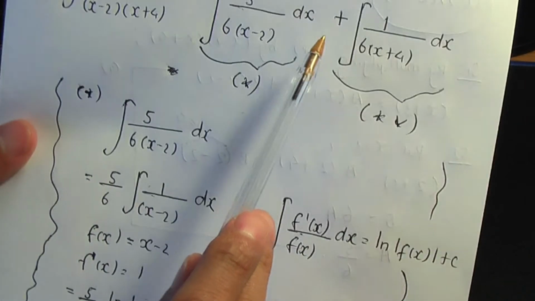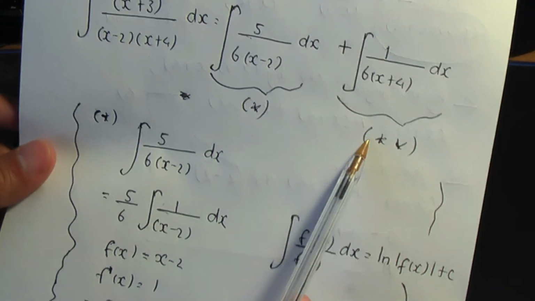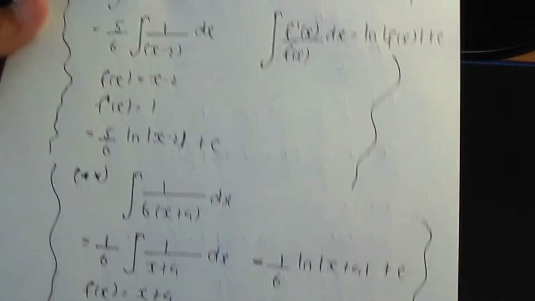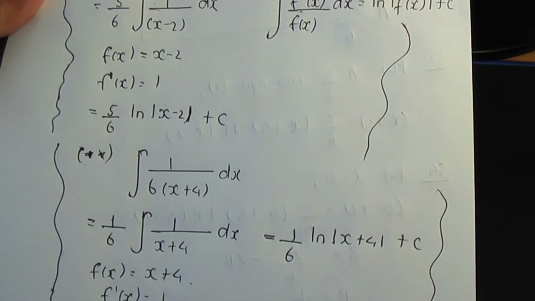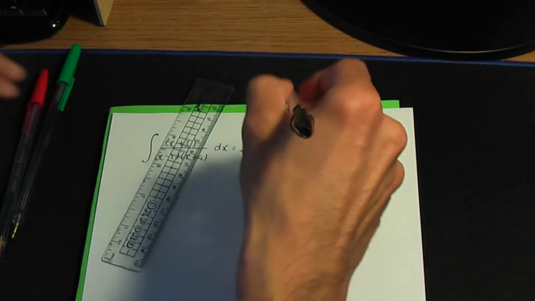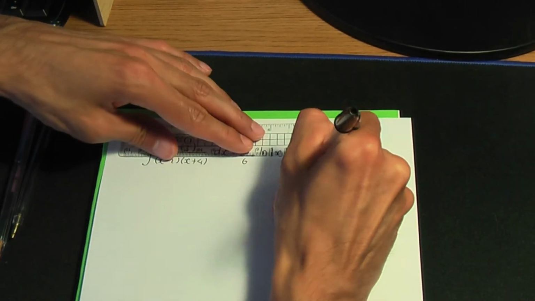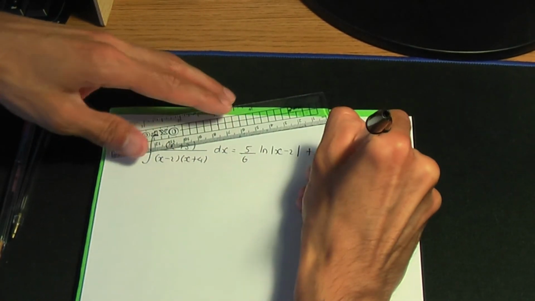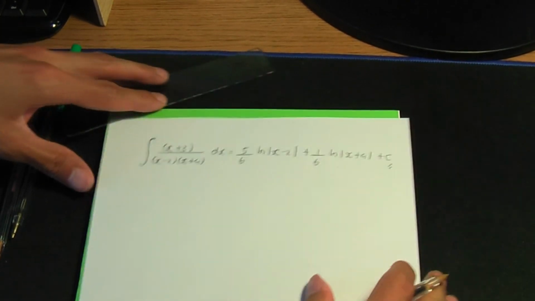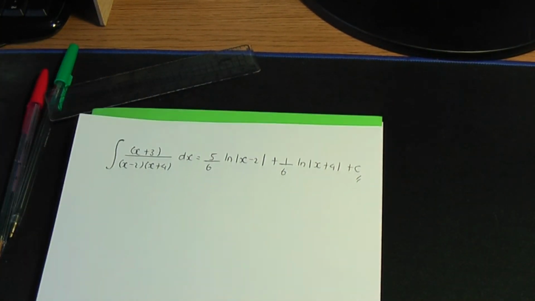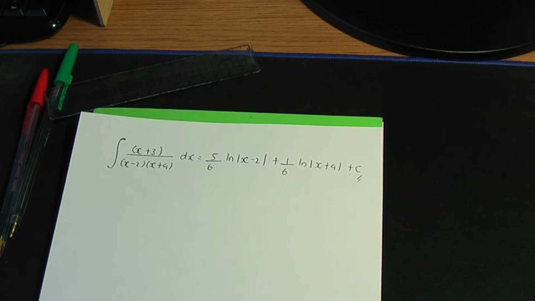And for double star, we had 1/6 ln modulus of x plus 4. So plus 1/6 ln modulus of x plus 4, plus c. Okay? So that is the solution to that problem.